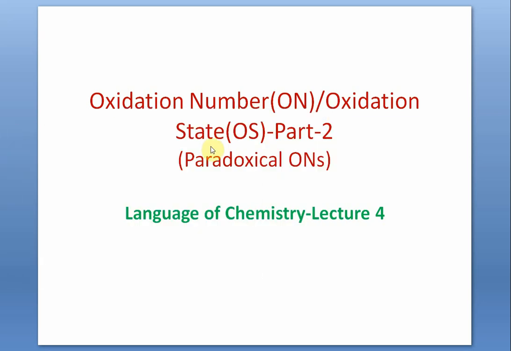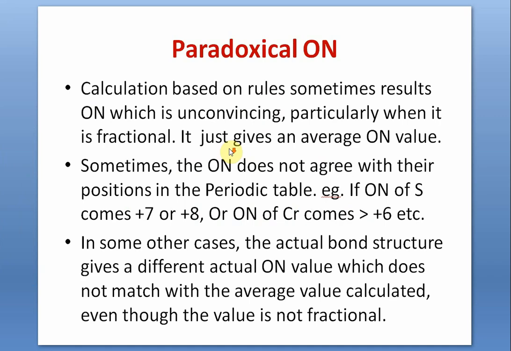Now let us take some critical cases. Paradoxical oxidation number means calculation based on rules sometimes results in an oxidation number which is unconvincing, particularly when it is fractional. It just gives an average oxidation number value. How can it be fractional?